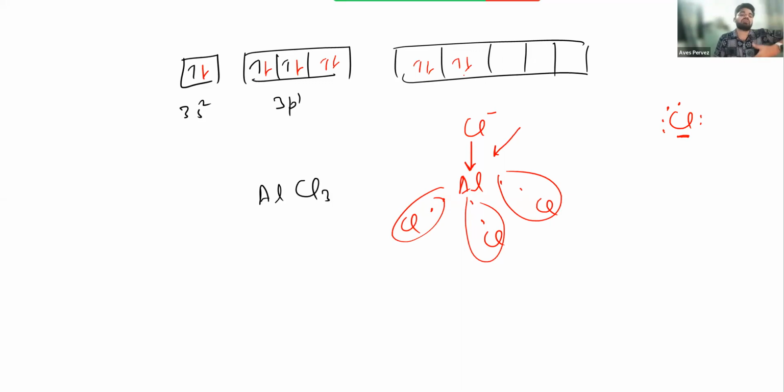Because of these vacant orbitals, aluminum can exist as a 3- ion. So AlCl6 3- is possible. Okay, understood? Yes. Understood? Yes.